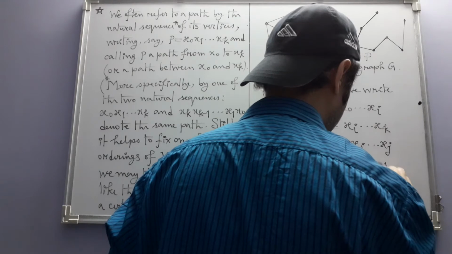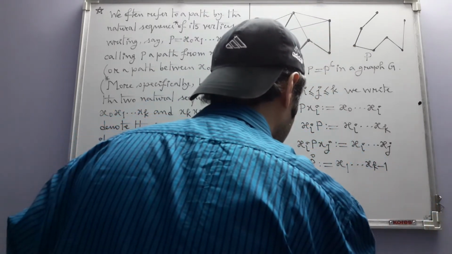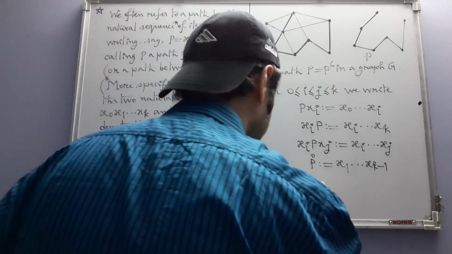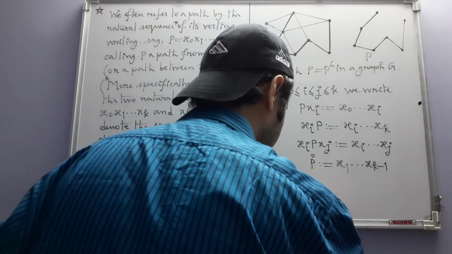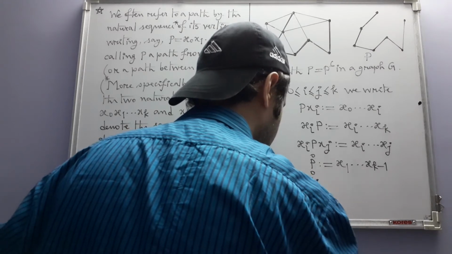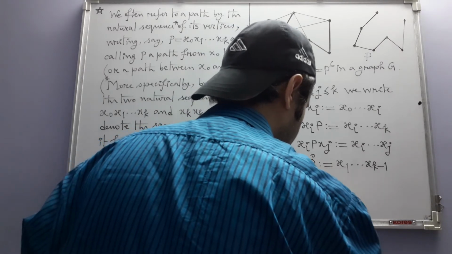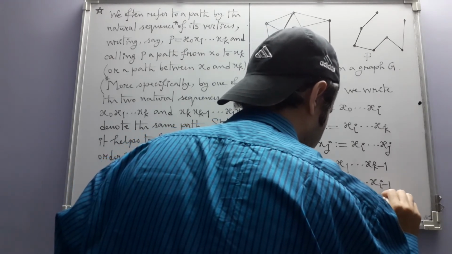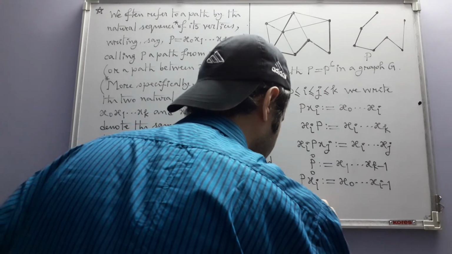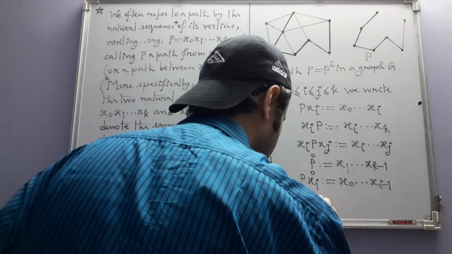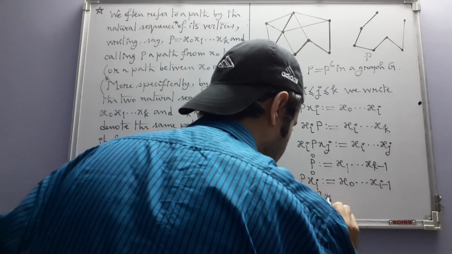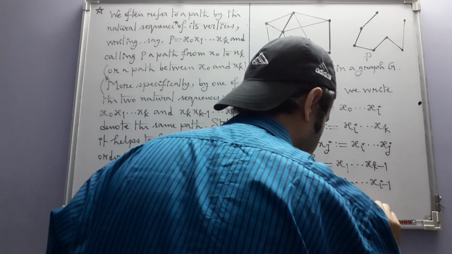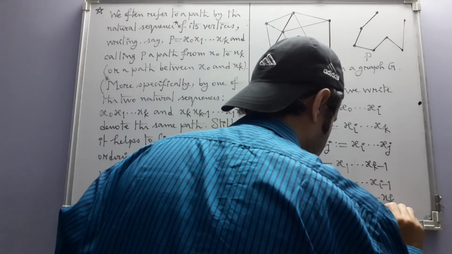Okay, let's go consistently. P x_i with a 0 joins x0 and x_(i-1). x_i 0 P joins x_(i+1) and xk.